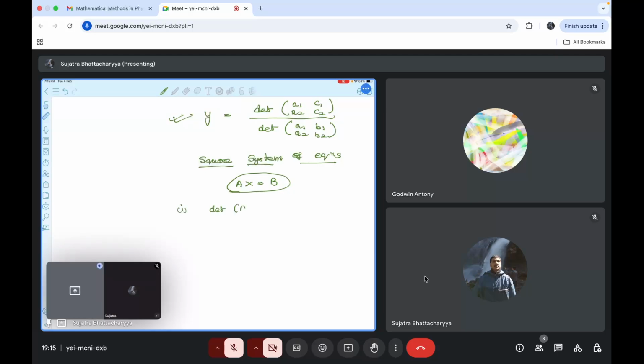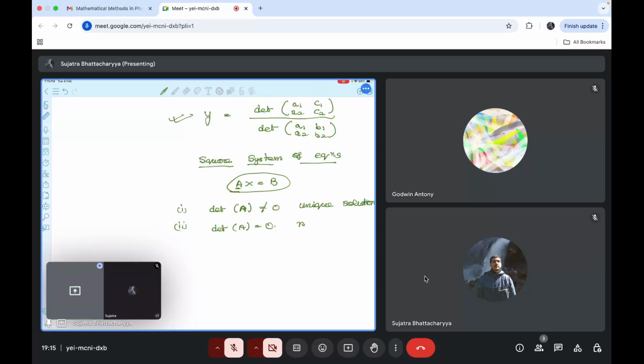So if the determinant of A is not equal to 0, then you have a unique solution. See how many ways we can understand the solutions of a system of equations. We have seen using rank, using determinants, and there are many other ways also. Okay. Next is if the determinant of A is 0.